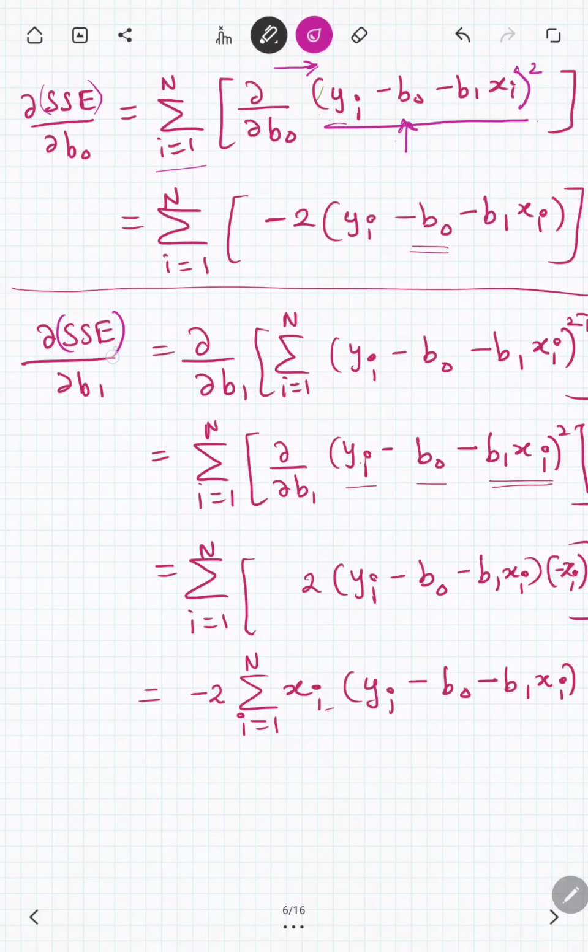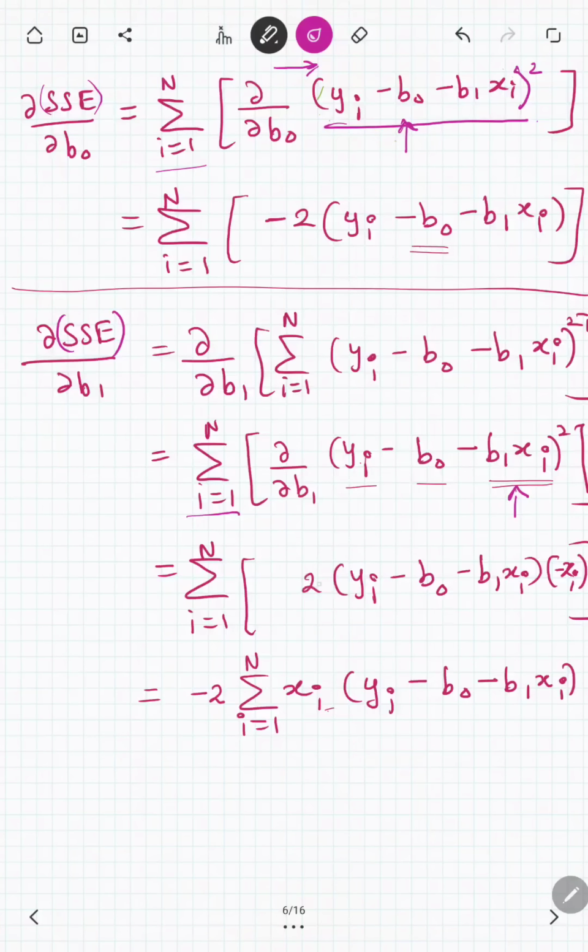Now the derivative of sum of squared errors with respect to b1 will be, again, you can take the summation out and then you apply the chain rule. So firstly you see there is a square of something, so twice of that thing. Okay, and then going inside you see that the only term which will have a derivative is this particular term, and here you can see that b1 is the variable, and the coefficient is minus xi.